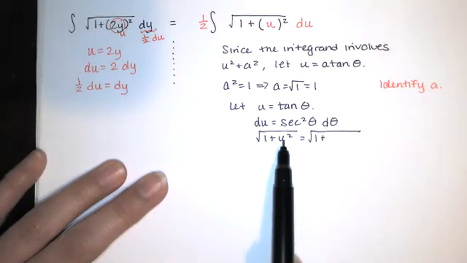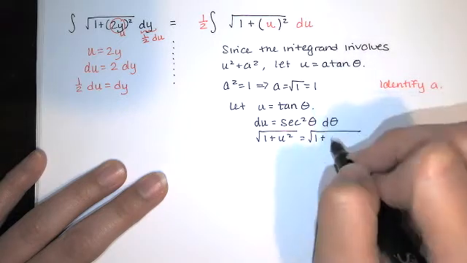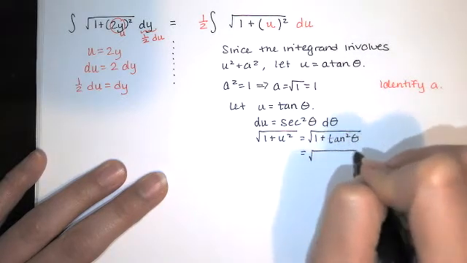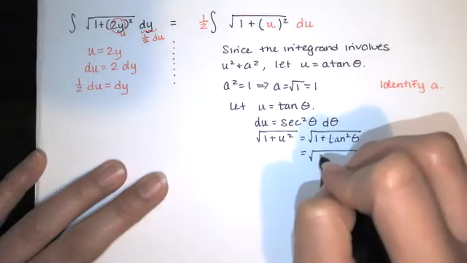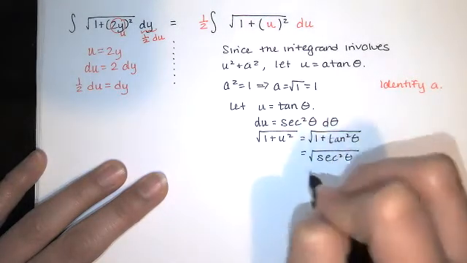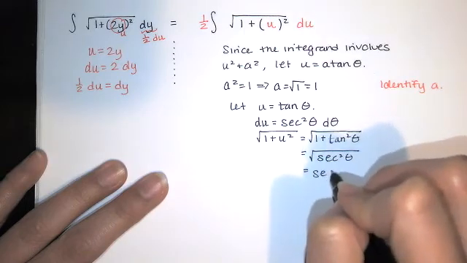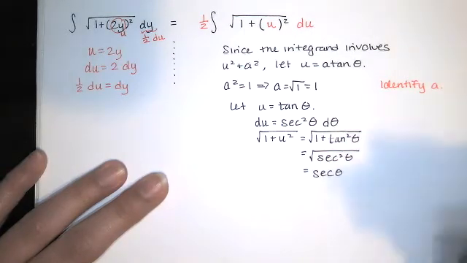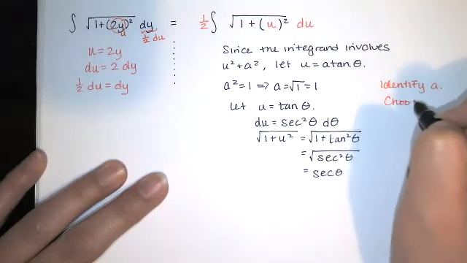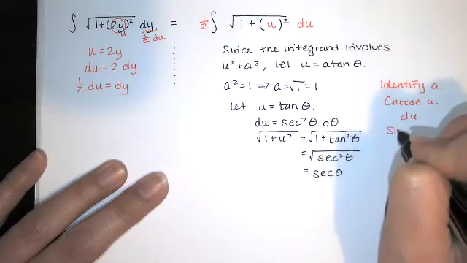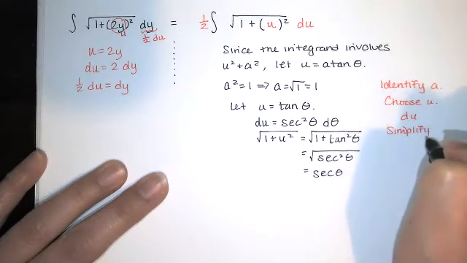If u is tan theta, this is 1 plus tangent of theta, squared. And 1 plus tangent squared theta is secant squared theta. And the square root of secant squared is secant. So we choose the appropriate u, we compute du, and then we simplify that square root.